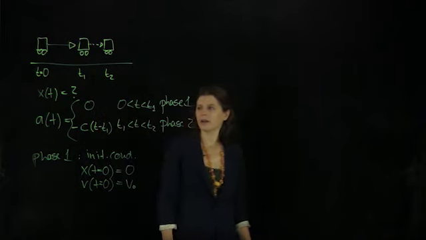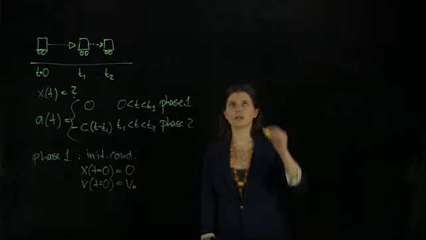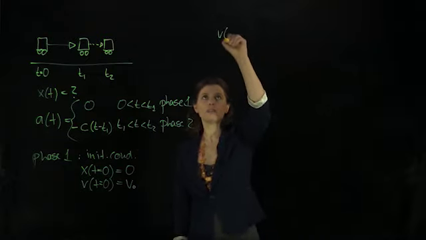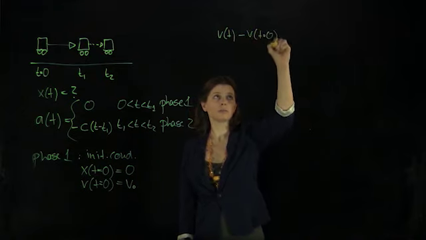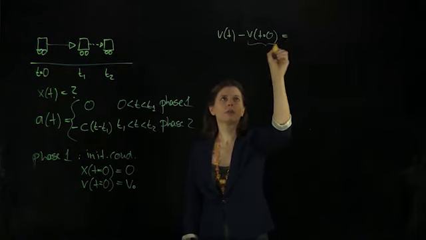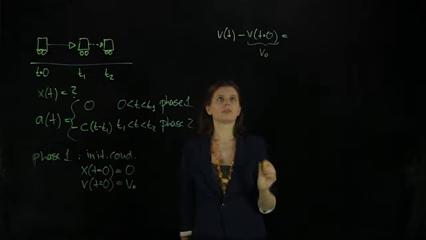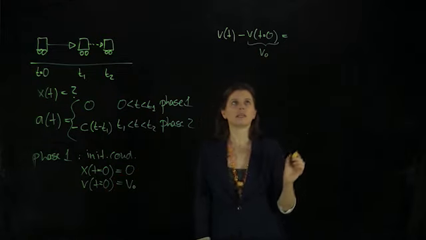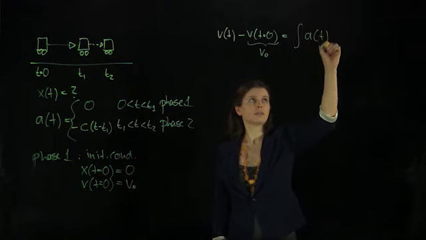So let's make use of this and start integrating our acceleration. We want to get to the velocity. So v of t minus v of t equals 0 is going to be that integral. And here already we know that v of t equals 0 is v0. So this already looks pretty nice. Now we have our integral here of a.